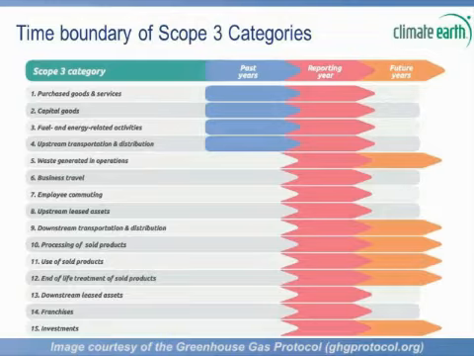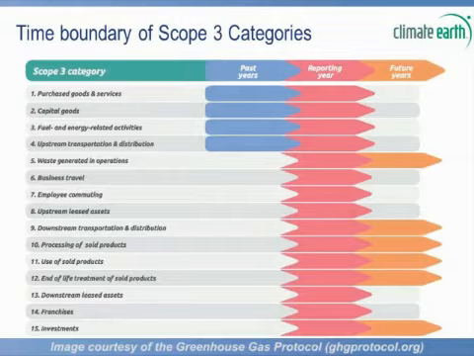A couple of important notes around this are interesting, and they're an important reason why one would report these categories explicitly. Capital goods all get reported in the year that a capital good goes into use.